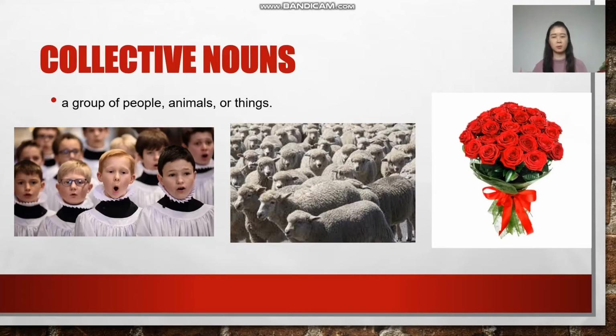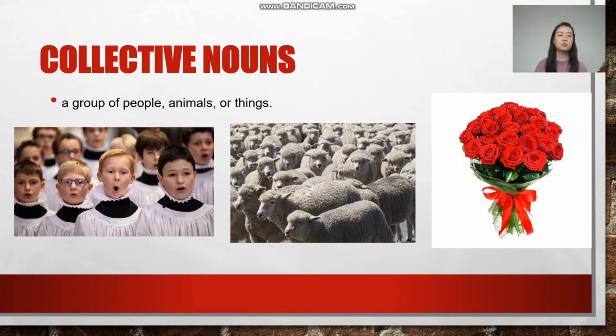For example, the first one, they are called choir. So they are a group of people who are singing together, okay? They are called choir.